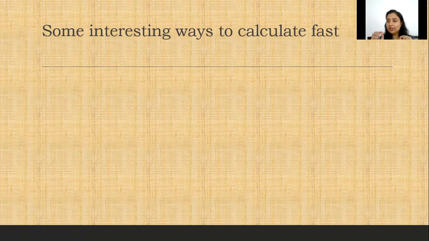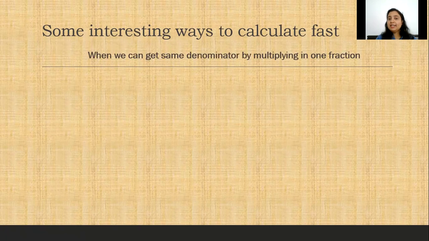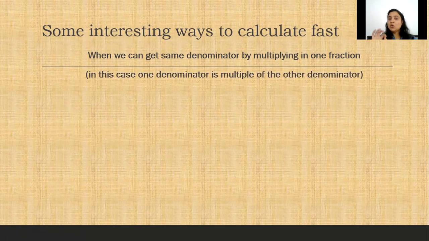So just take a look. Different kinds of denominators are the trick. The first is when we can get the same denominator by multiplying in one fraction. When it happens, one denominator is a multiple of another denominator. Okay, let's see.